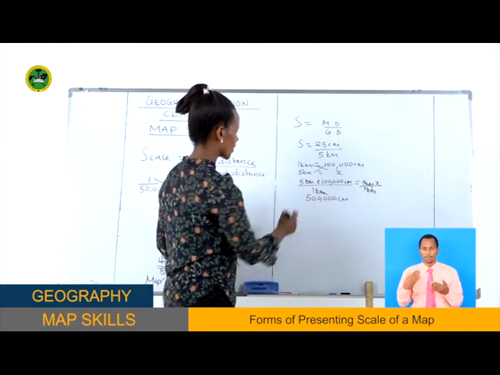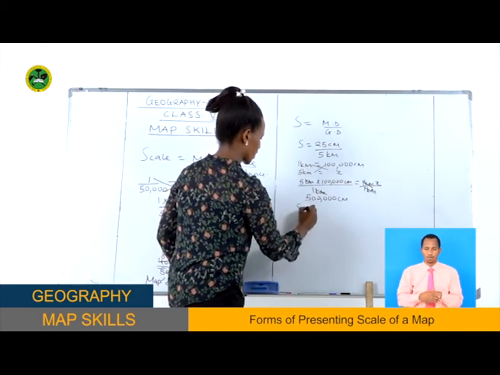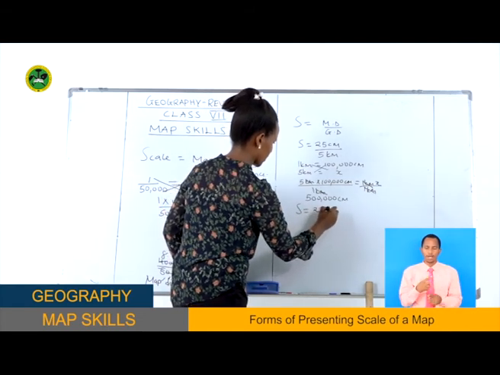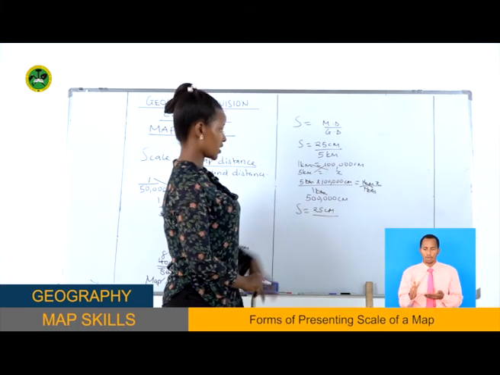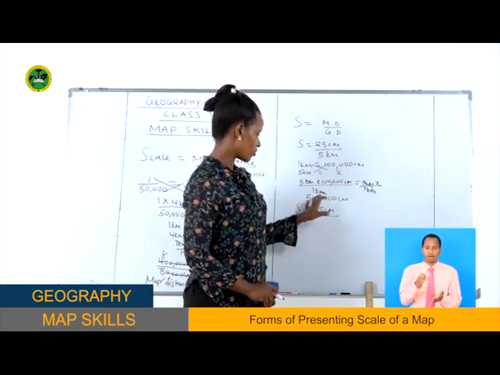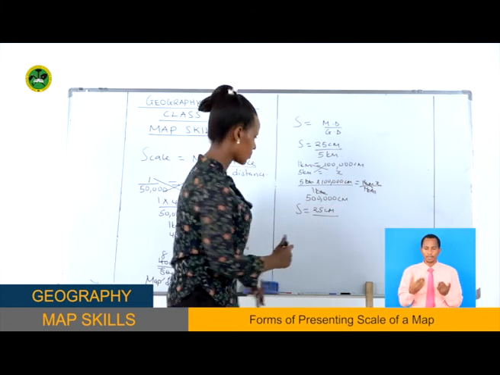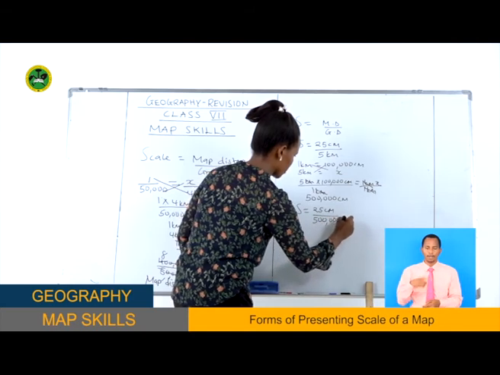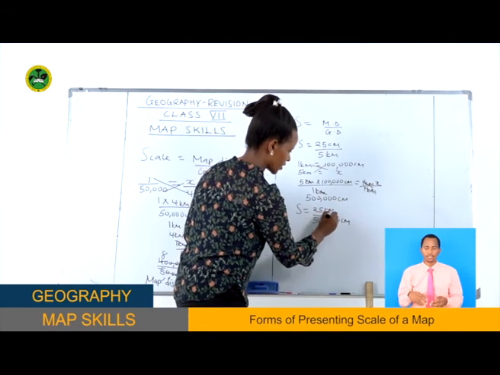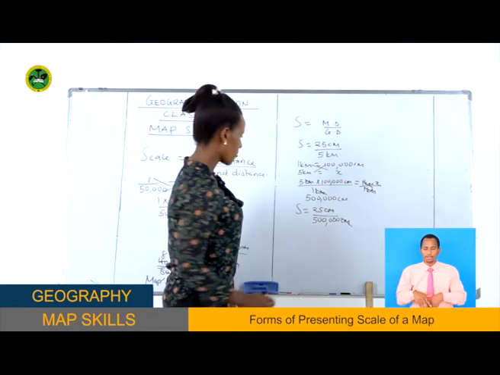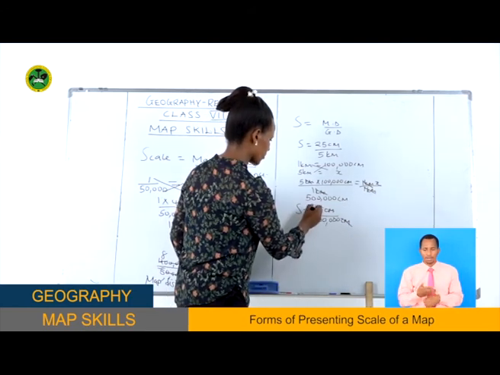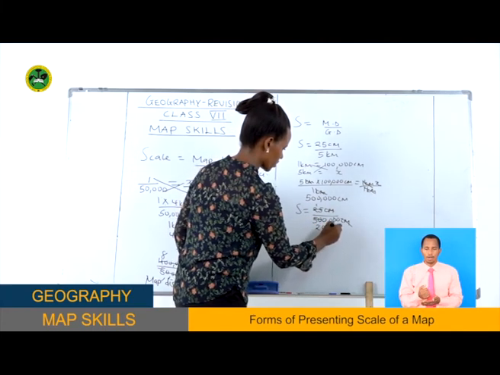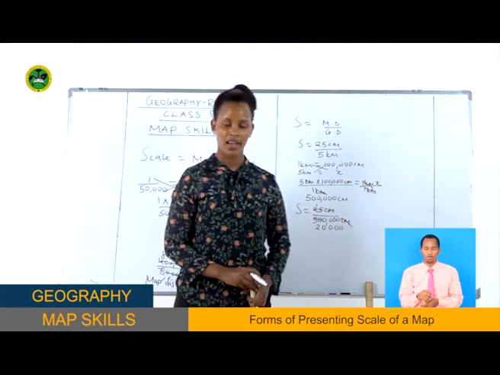Now you can go back, since you are looking for scale, which is equal to, map distance given is 25 centimeters, and the ground distance you are given in kilometers, but we converted into centimeters so that we can simplify. So divide by 500,000 centimeters. Here we can now simplify. Centimeter and centimeter have gone. Then you can just simplify by 25: 1 by 25, 2 by 25, you get 20,000.